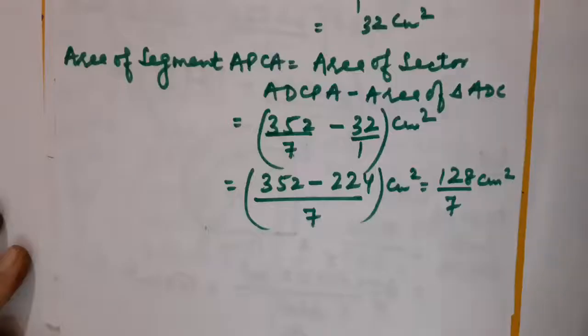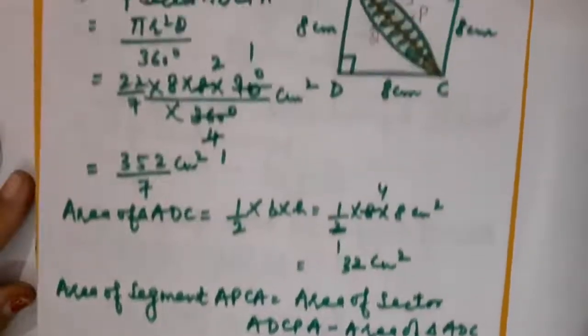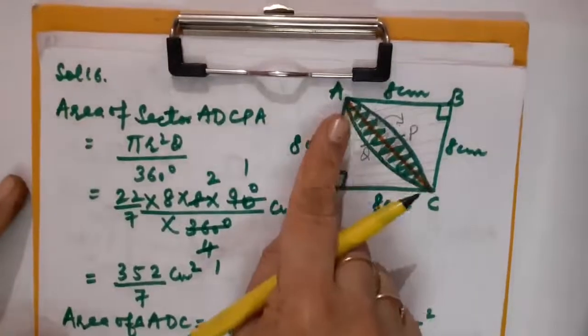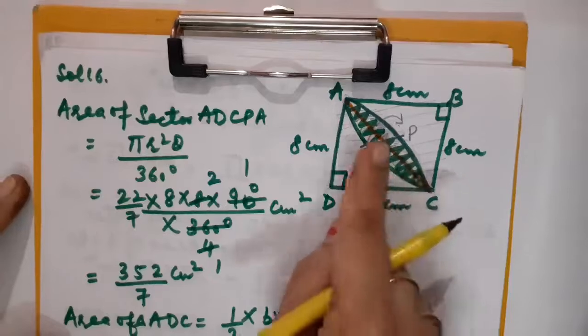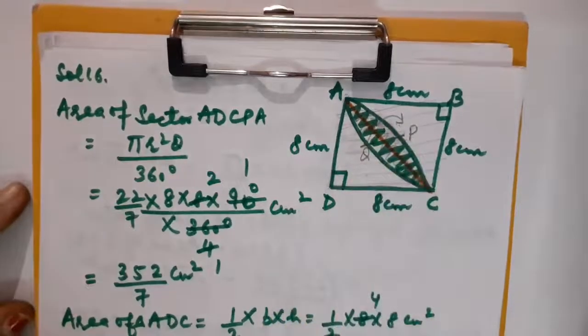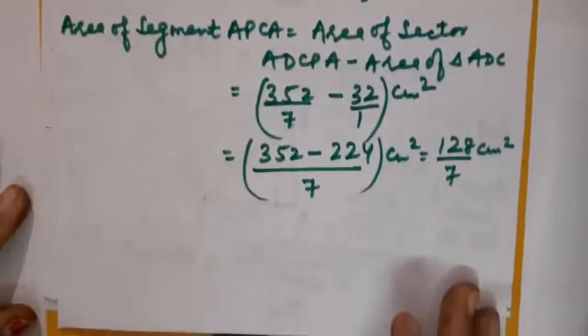Okay. Now you are not supposed to apply the same strategy again for AQCA. You can just make it double because you have calculated the area of the half segment. So what will you write?